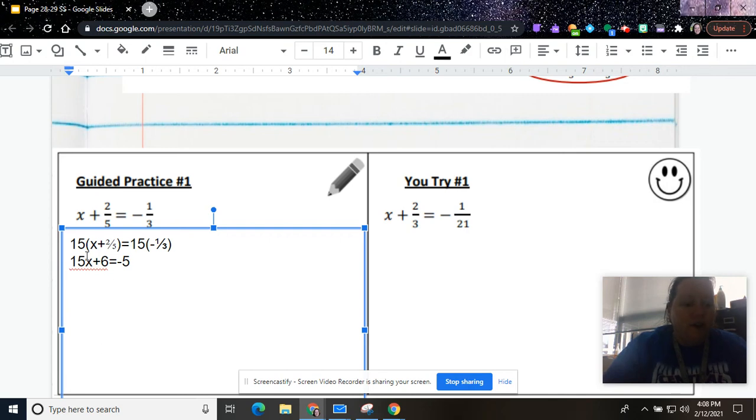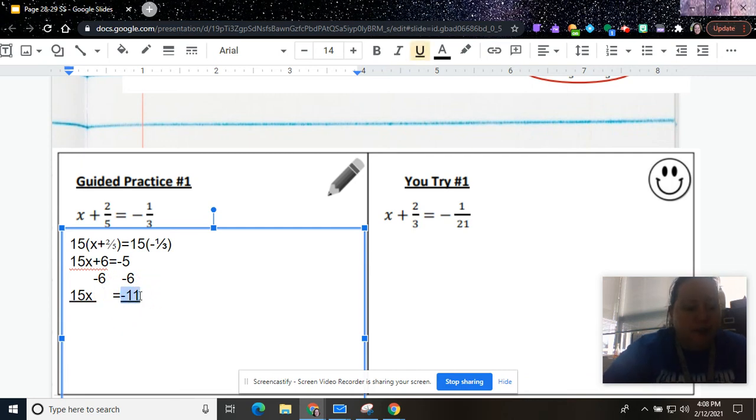You have all your variables on the left already, so you will subtract 6 from both sides of your equation. That leaves you with 15x equals negative 11. Now this says 15 times x, so the opposite of times is to divide, so we're going to divide both of these.